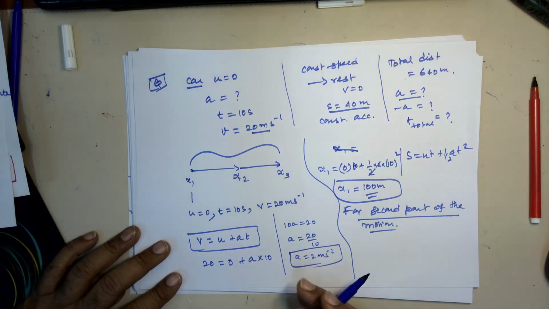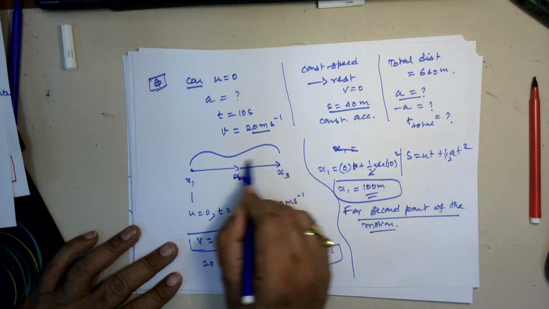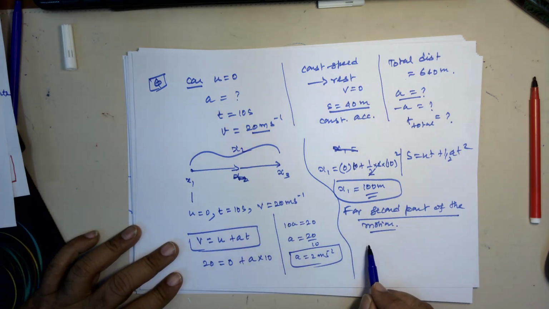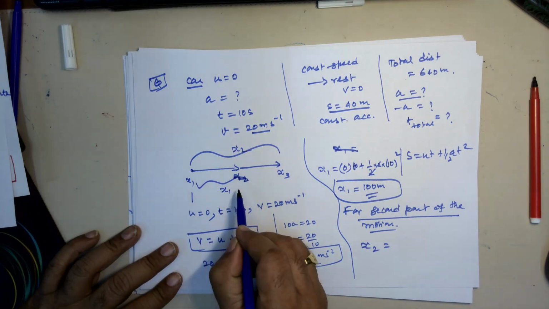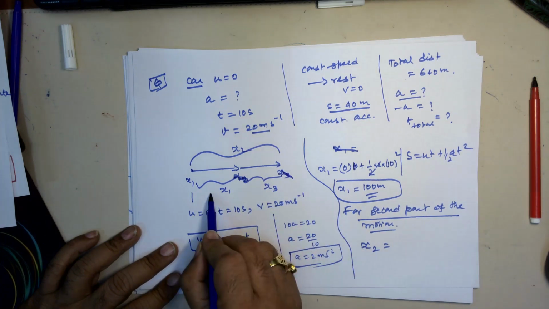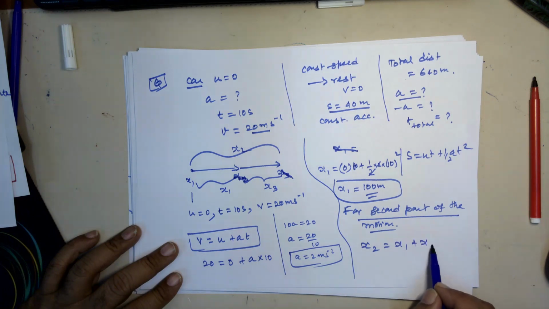Now we want to find out the in between, that is overall. This is x2. So the overall distance x2 is nothing but x1 plus x3. This is x1 and this part is x3. So we are finding out x2. So x2 is nothing but x1 plus x3.